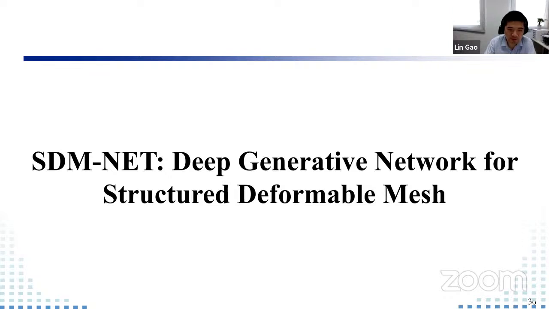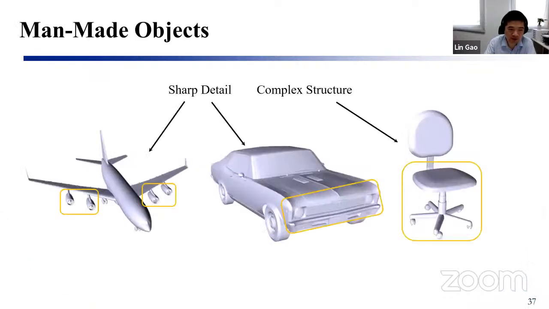So let's look at the man-made object. We can find that the man-made object is equipped with sharp details, a complex structure, and also texture. So it's not an easy task for deep learning to represent this deformation. If we use some voxels, the voxels could not represent the fine geometry details.